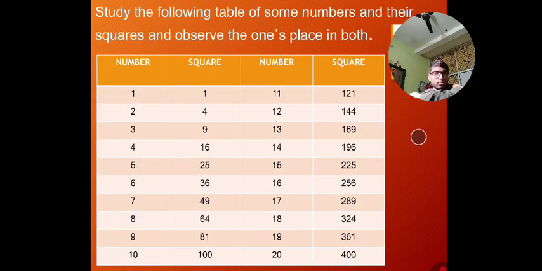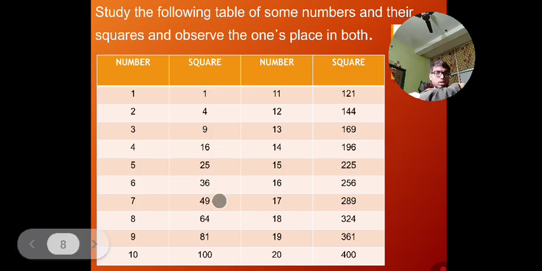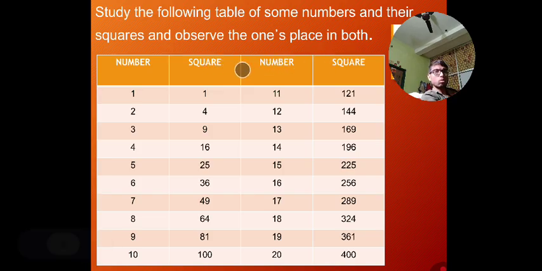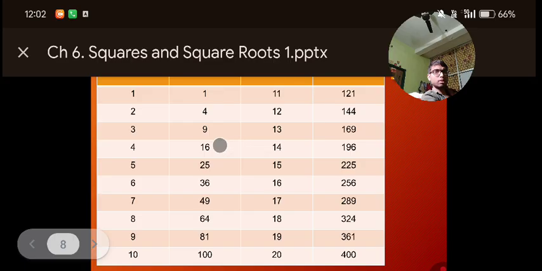Here we have 6, 5, 6, 9, 4, 1. Study the following table of some numbers and their squares and observe the ones place in both. What is happening here?